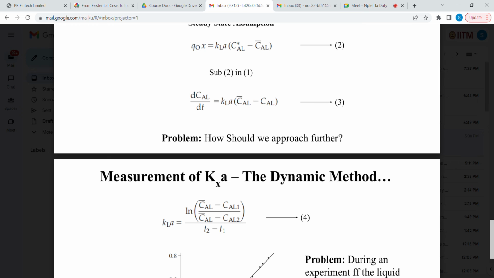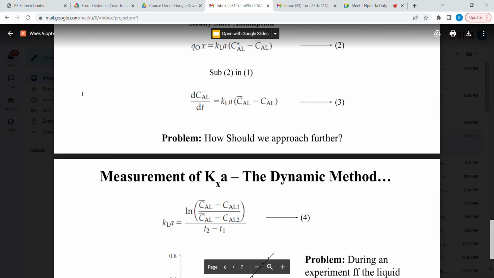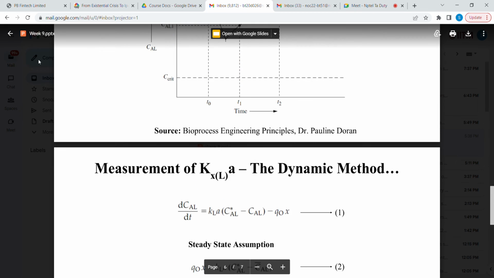So for a given condition, CAL dash is going to be constant. It's just that CAL will become the lower and the upper limit, depending upon which part of the curve we integrate. It becomes the amount of oxygen that's been... what is the area under the curve here?